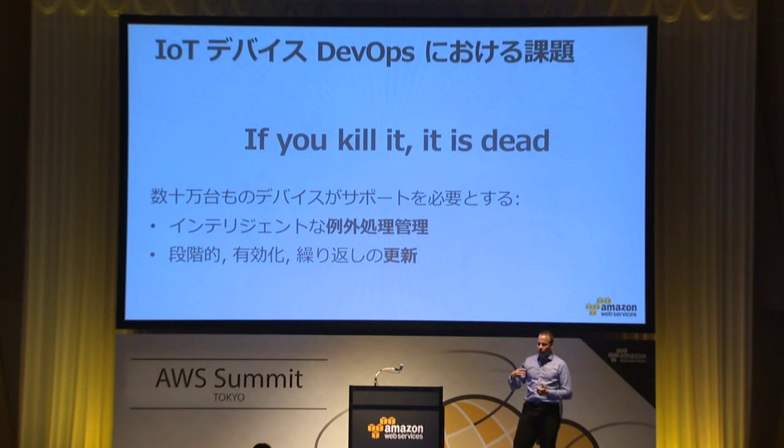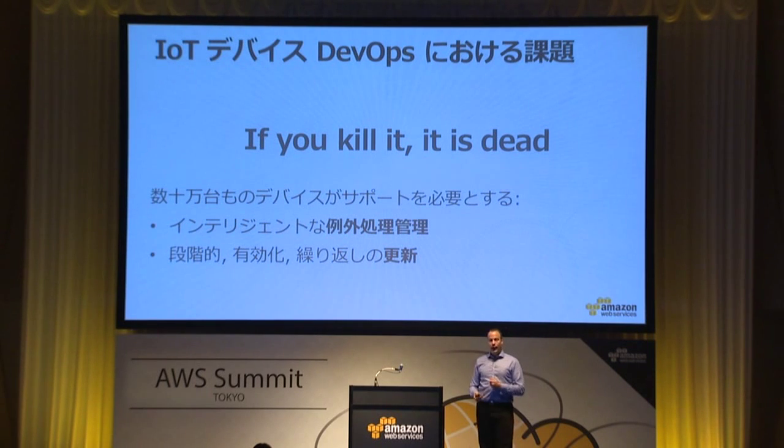That's why it is extremely important that the development pipeline has all the right exception management, has all the proper stages, that we validate correctly that the code rolls from one stage to another, and that the updates we decide to apply to those devices are correctly validated and tested.